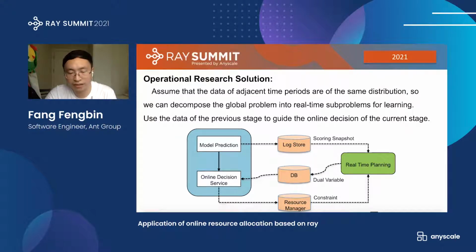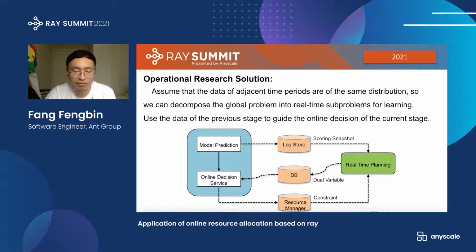Here we assume that the data of adjacent time periods are independent and identically distributed. So we can use the data of the previous stage to solve the decision variables to guide the online decision of this stage. Considering that the environment of online application changes rapidly, sub-problems need to be solved with high timeliness. For example, it is minute level. On the other hand, we need to be able to serve a single decision request quickly.